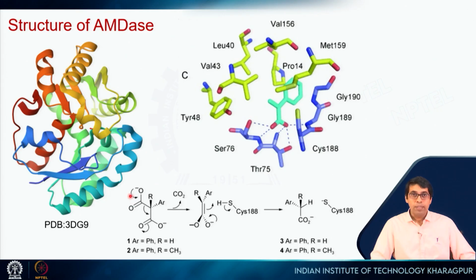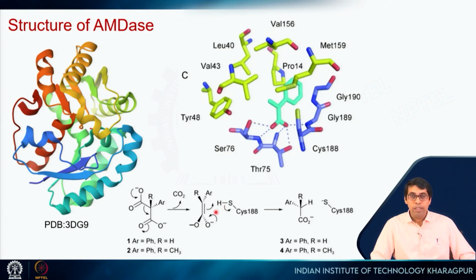So, what happens is, you can do this arrow pushing. Basically this carboxylate group leaves as carbon dioxide, and once it leaves you get a planar structure, right. Now, you see there is a cysteine 188 on this side. This cysteine SH group donates a proton, right.